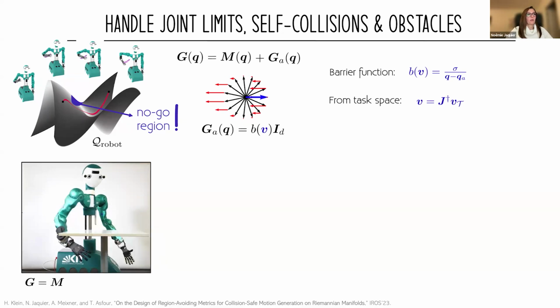Then we add this table on the way, and then we add collision avoidance metrics. One for the joint limits, one for self-collision avoidance, and one for the table. So this one is for the obstacle. And then we follow a geodesic in that new configuration space manifold. And you see that this allows us to successfully avoid the region that had an obstacle in task space.